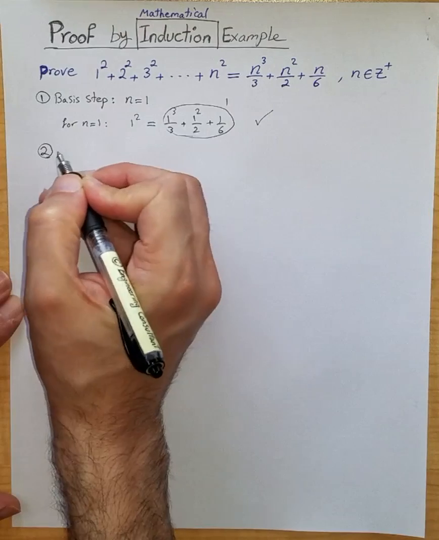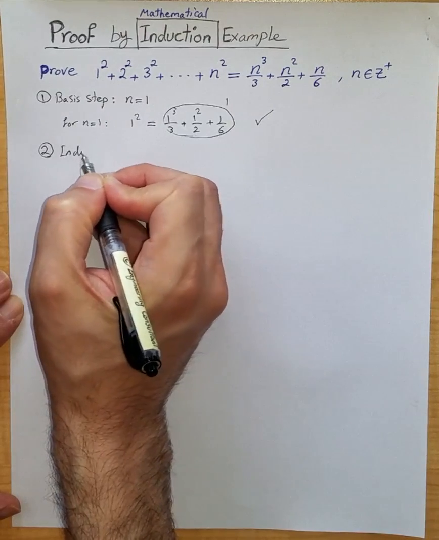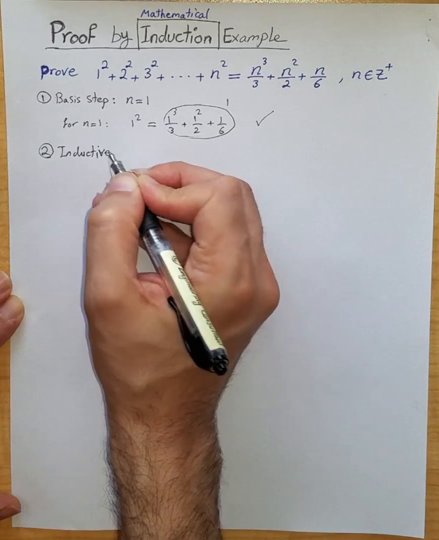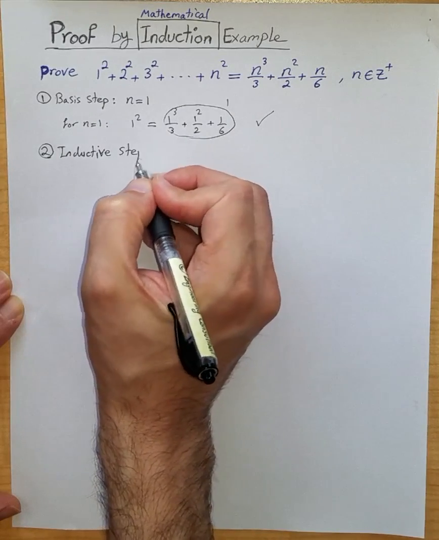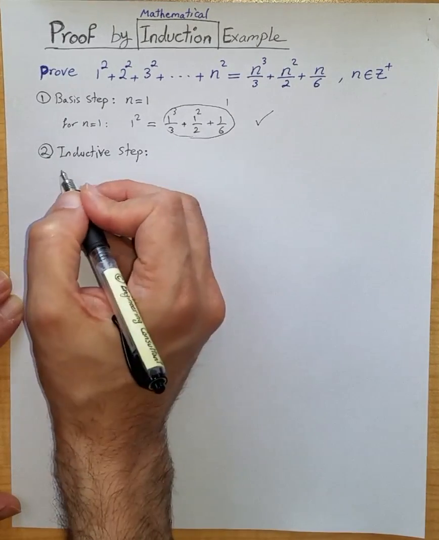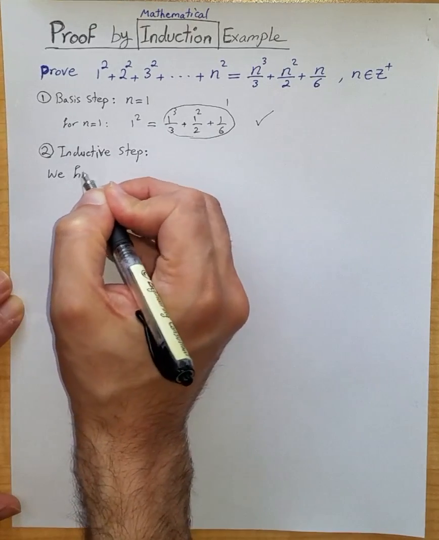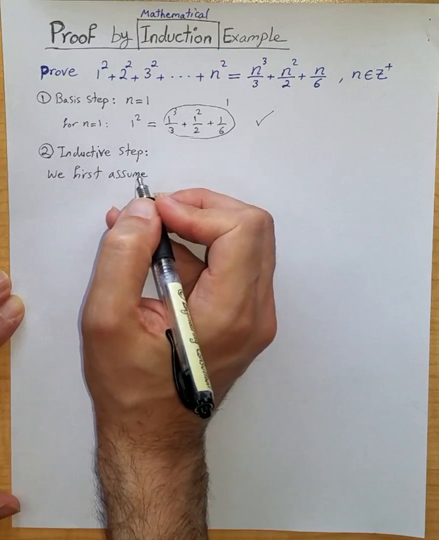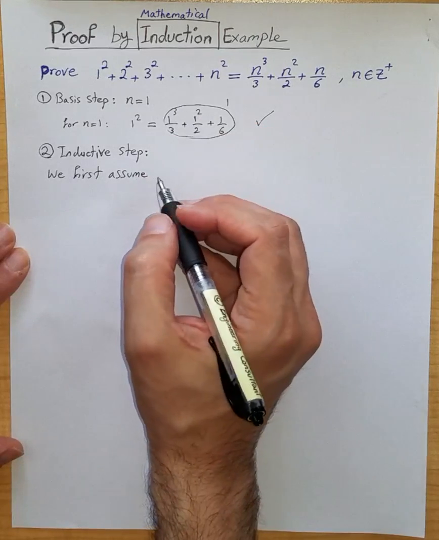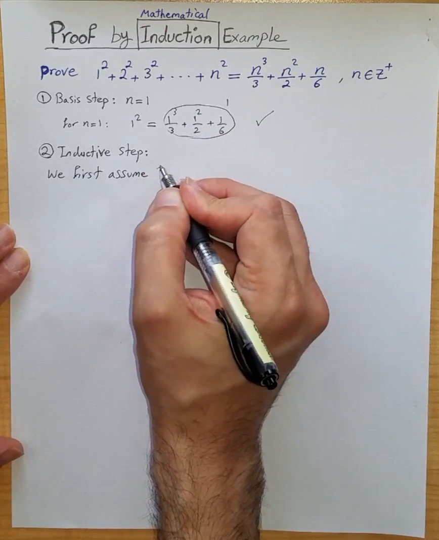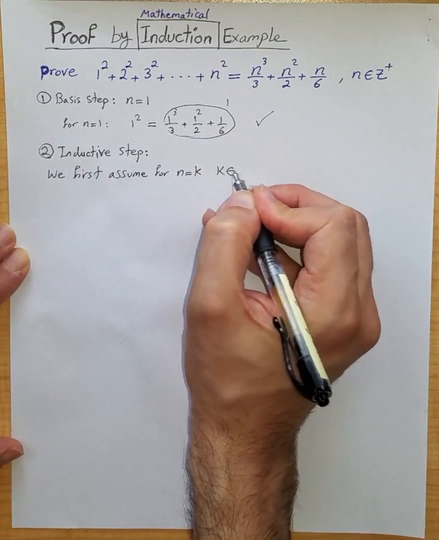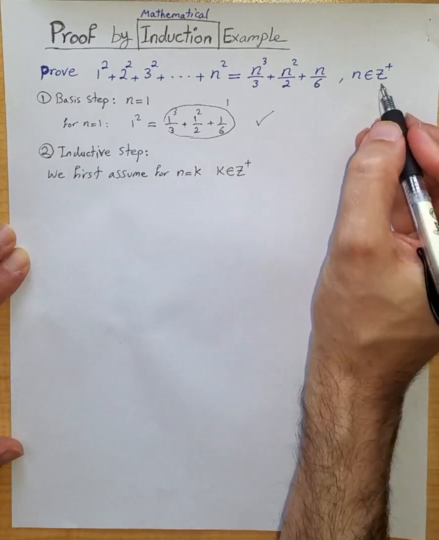Therefore the basis step is proven. For the inductive step, which is the part that is similar to the domino, we first assume that this predicate statement is true for n equal to k, where k belongs to the domain of positive integers.